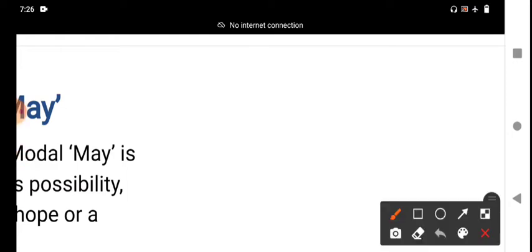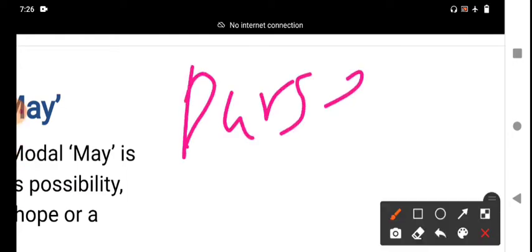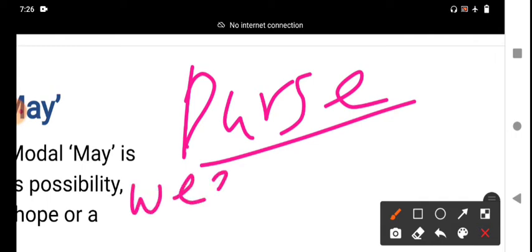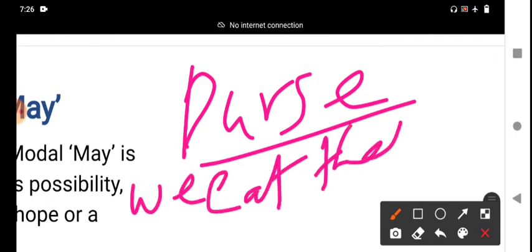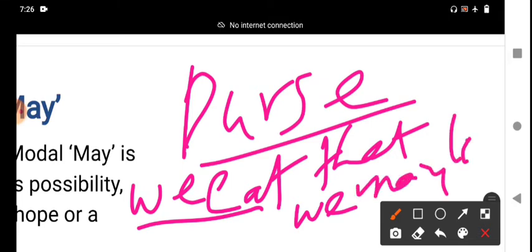And may is used in a subordinate clause that expresses purpose. What is the purpose? We eat that we may live. This is the best example. We eat is one clause, that we may live is the purpose.